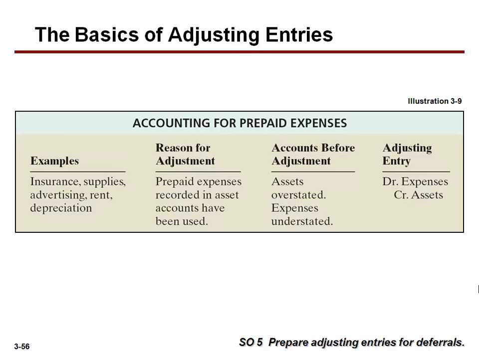So a recap of accounting for prepaid expenses. The reason we're making adjustment entries in this area is because we have an asset recorded in our accounts that may have been used up or consumed, or a portion of it used up or consumed over time. Therefore, before we make the adjustment, our assets are overstated, our expenses are understated, and our adjusting entry to correct for that position is to debit an expense account.